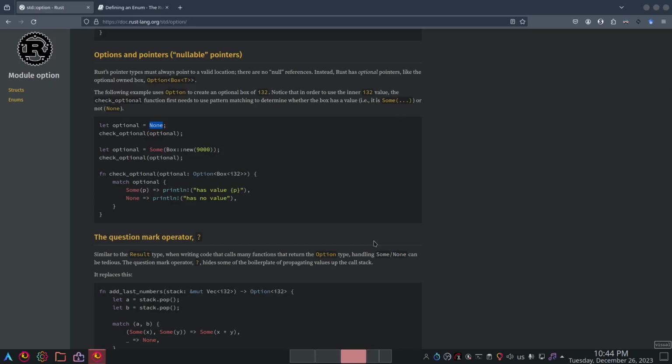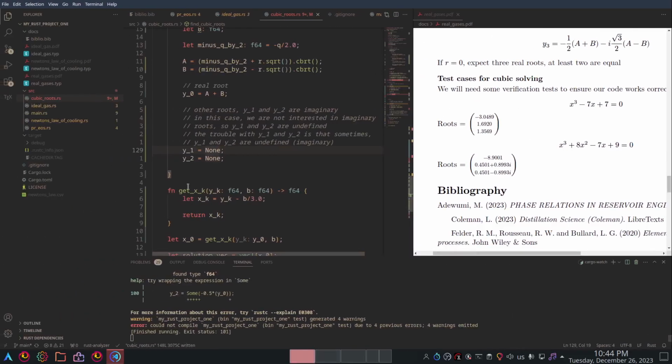Using the Option enum basically says that this variable might exist, or it might not. If it doesn't exist, we use the None keyword. If the variable exists and there's some value, we use the Some keyword. So None says that y1 and y2 are imaginary, and I don't want to bother with the values, I don't want to deal with it.